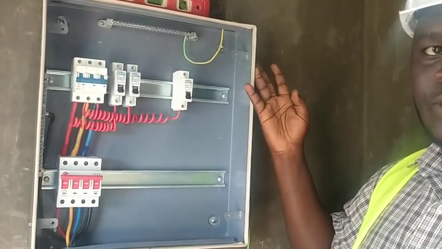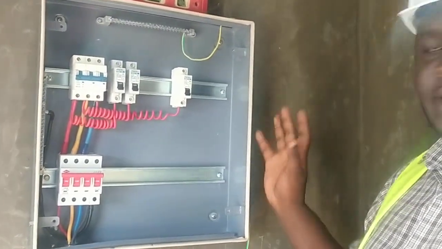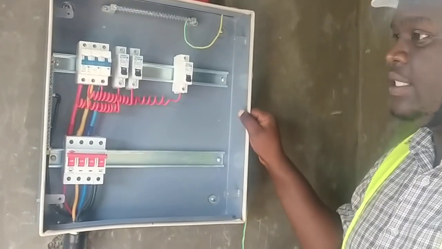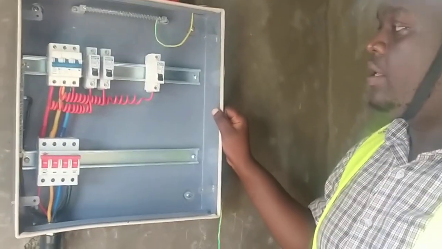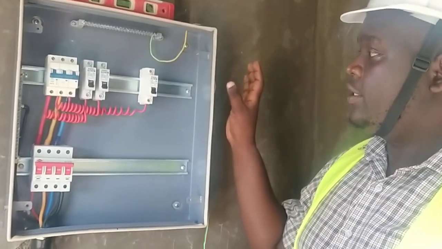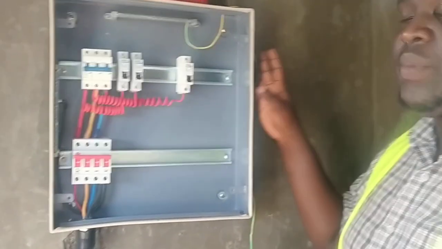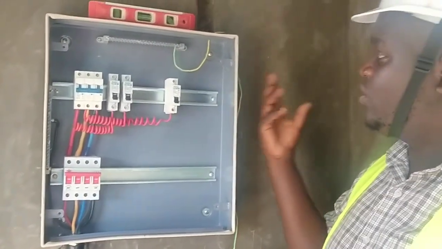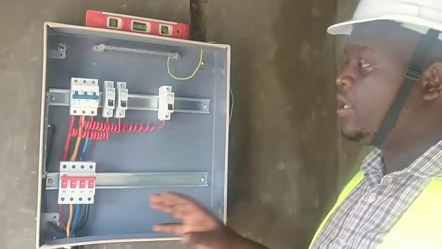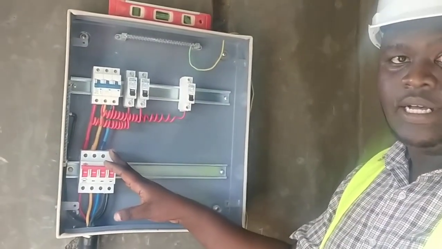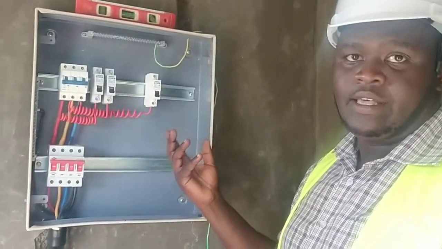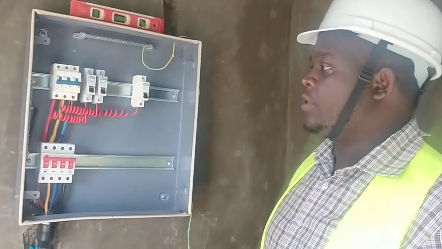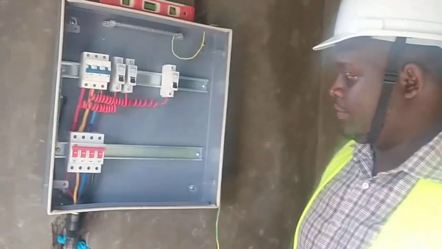You may decide to use a rawl bolt or any other mechanism so that this is mechanically fixed. This is to avoid a situation where this may fall or vibrate or do anything which will affect the health of the circuit, and therefore bring an electrical threat to your users.